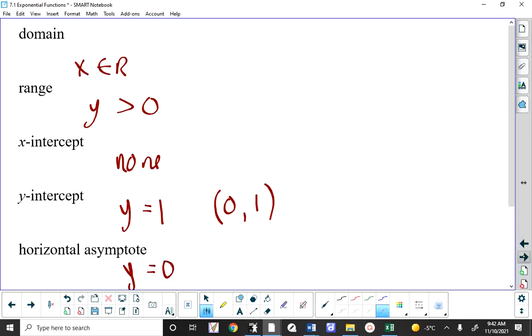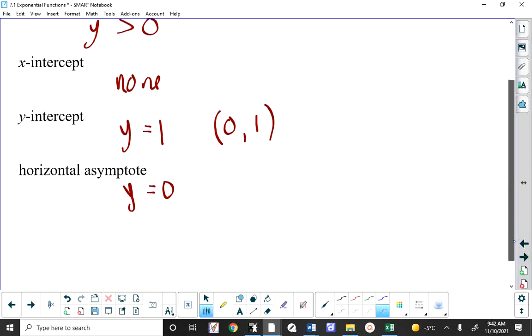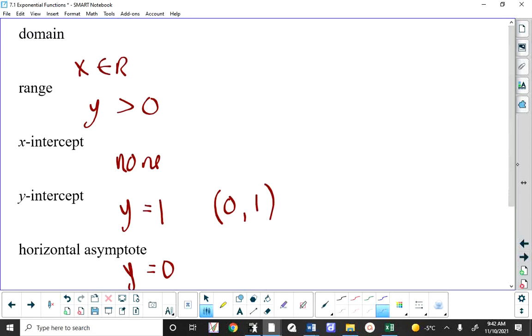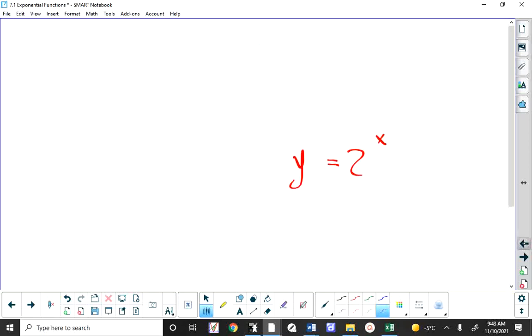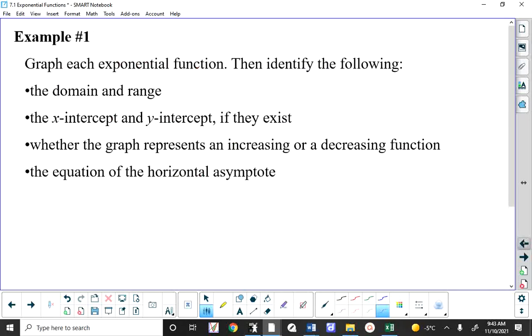Now, I didn't address something, but you were also asked in question 1 for A and B to say whether the function is increasing or decreasing. What you need to remember is in the context of graphs, increasing and decreasing refers to left to right.